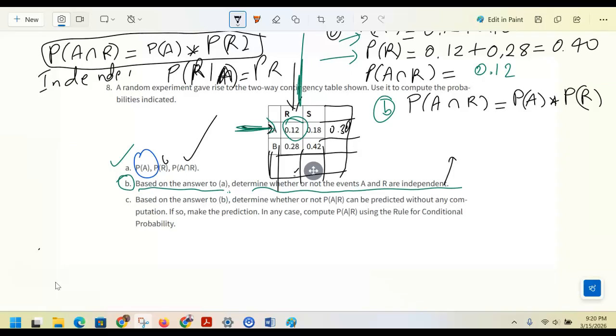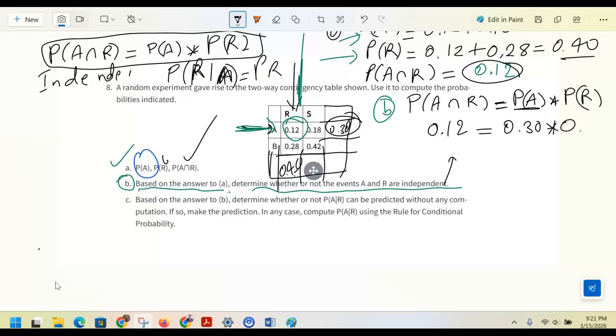Now let's see what is probability of A and R. So A and R is 0.12. There it is. Now let's see what is probability of A. We got here 0.3, multiplied by probability of R, which we got as 0.40.